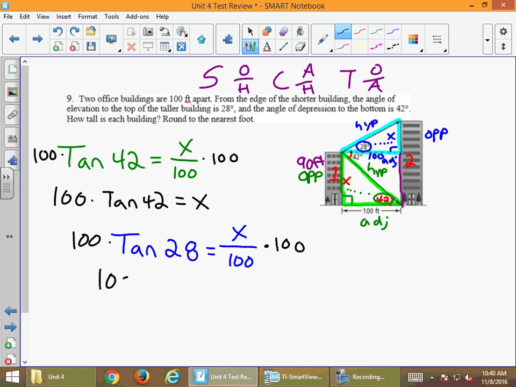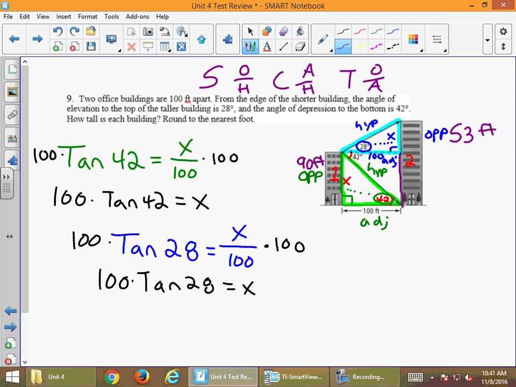So it becomes 100 times tan 28 is equal to x. So how tall is that top of Tower 2? Just the top section of it. How tall is it? Marty McFly. 53 feet, she says, and I tend to agree. So this little section is 53 feet.